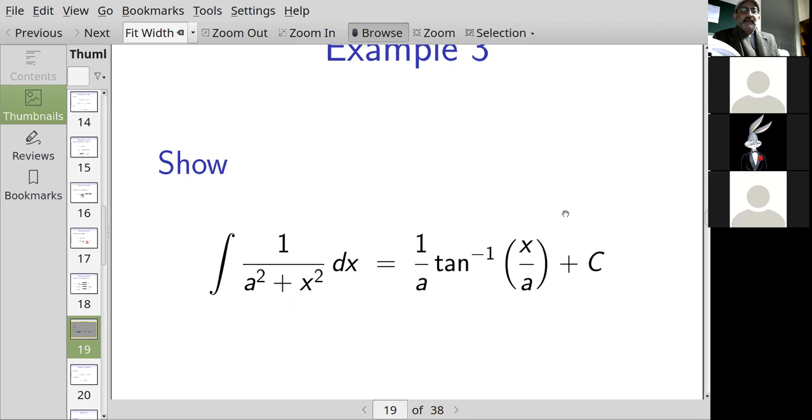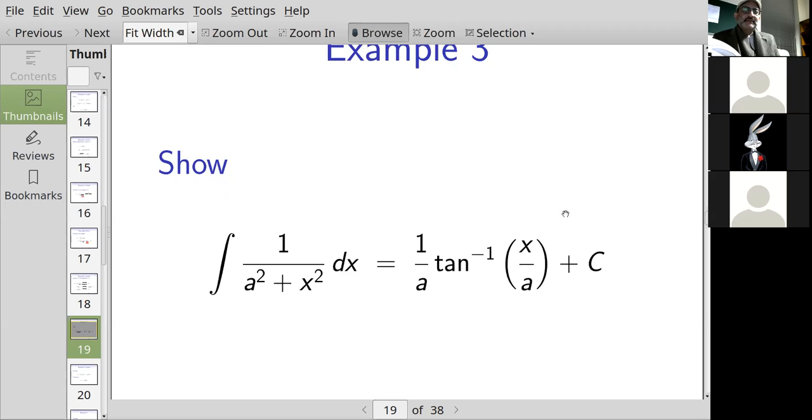The derivative of tan inverse. Yeah, that's right. Remember, the derivative of the arctangent of x is 1 over 1 plus x squared. So if you try taking the derivative of inverse tangent of x over a, you will get something like what you have there, except you're off by a constant.